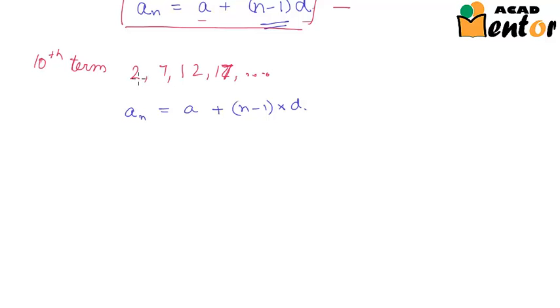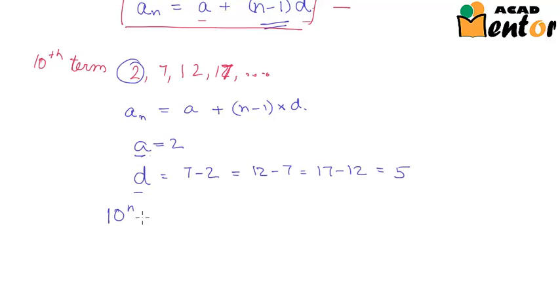We can clearly see that in this AP the first term a is 2 and the common difference d would be 7 minus 2, or 12 minus 7, or 17 minus 12, that is nothing but 5. Now we have the values for a and d, and we are supposed to find the 10th term.